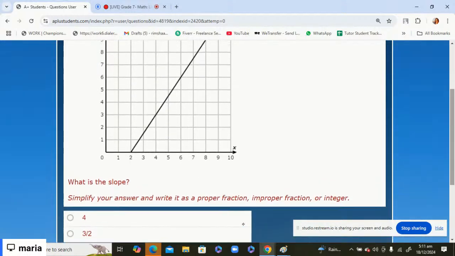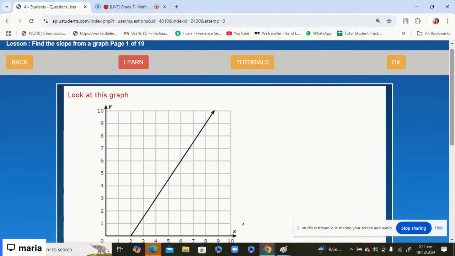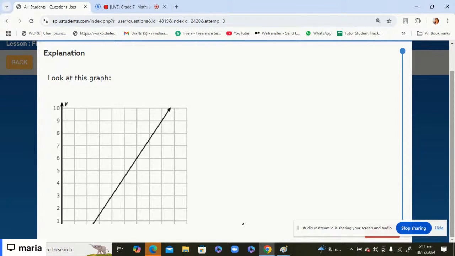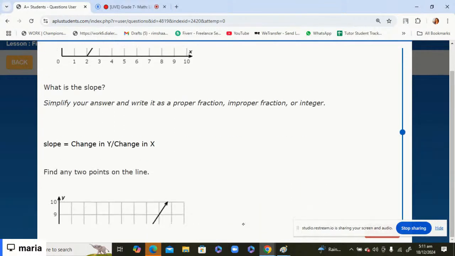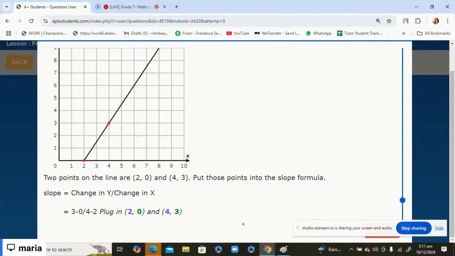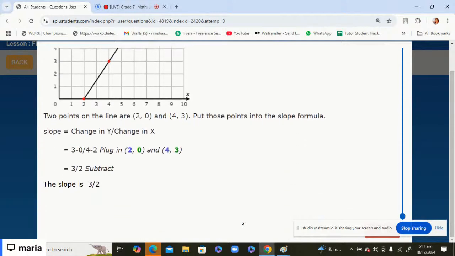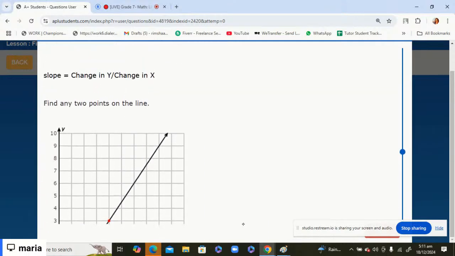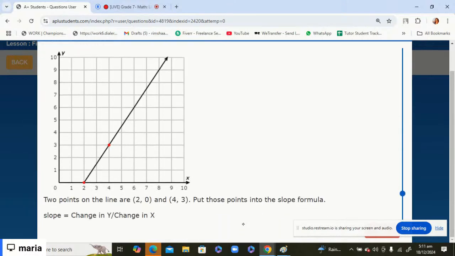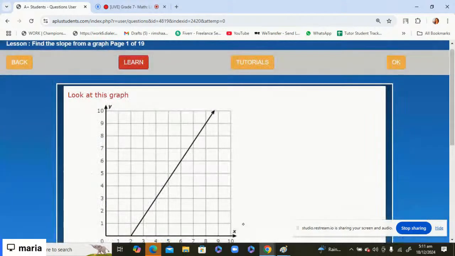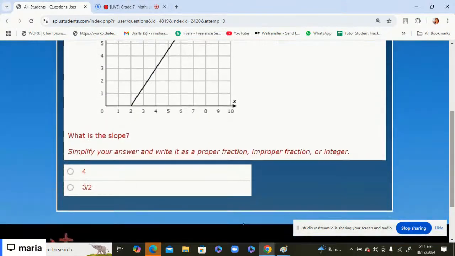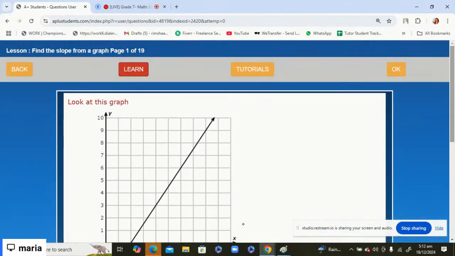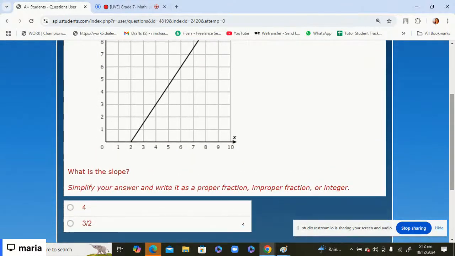They are not giving us the points. They're just saying you are going to take any two points from the graph.